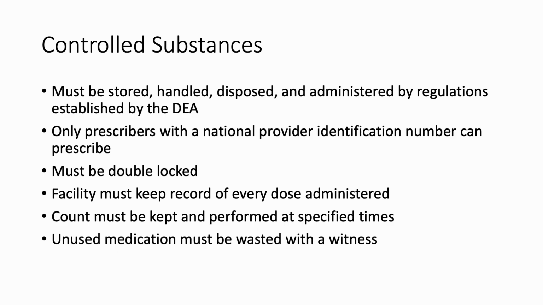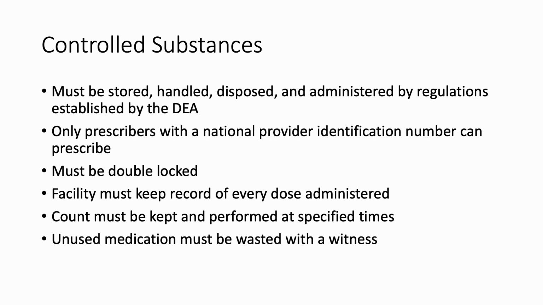There are a few nursing considerations we want to know as nurses when we are handling controlled substances on the unit. So first of all, they must be stored, handled, disposed of, and administered according to regulations established by the DEA. Okay? Only prescribers with a national provider identification number can prescribe these medications.